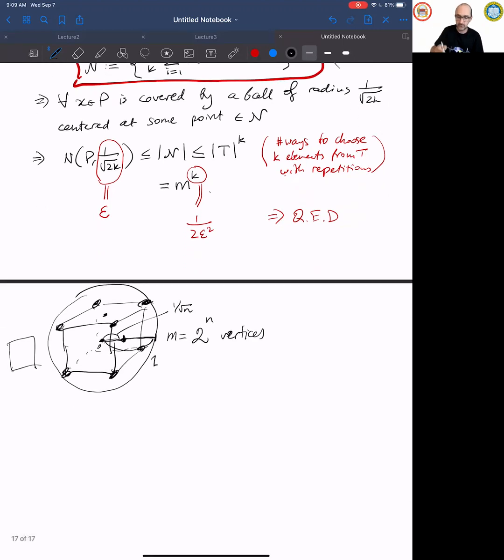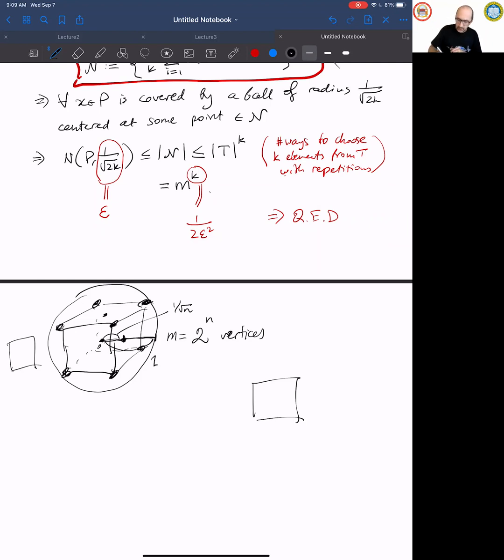But I think the following is true. This is a very deep theorem. There are 2 theorems actually. Theorem 1: you take the cube, and you take 2 cubes, the original one and a randomly rotated copy, and take the convex hull. I don't know how to draw in 3 dimensions, but let's say in 2.